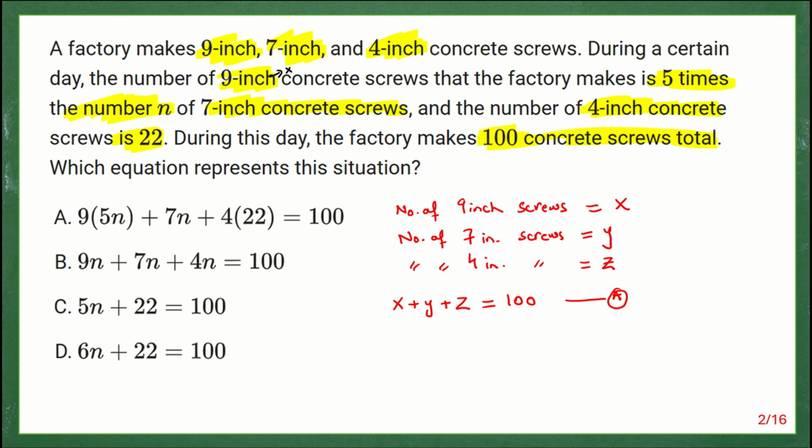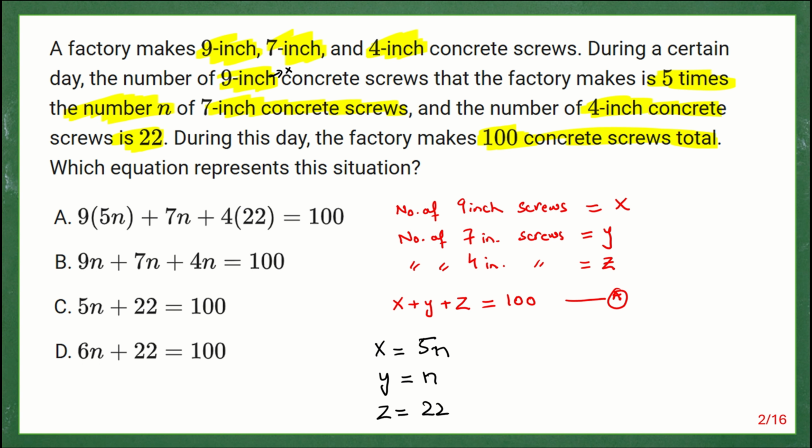So x is equal to 5 times the number n, and the 7-inch concrete screws that we have taken as y is our variable n here. And finally the number of 4-inch concrete screws is 22. So our value of z is equal to 22.